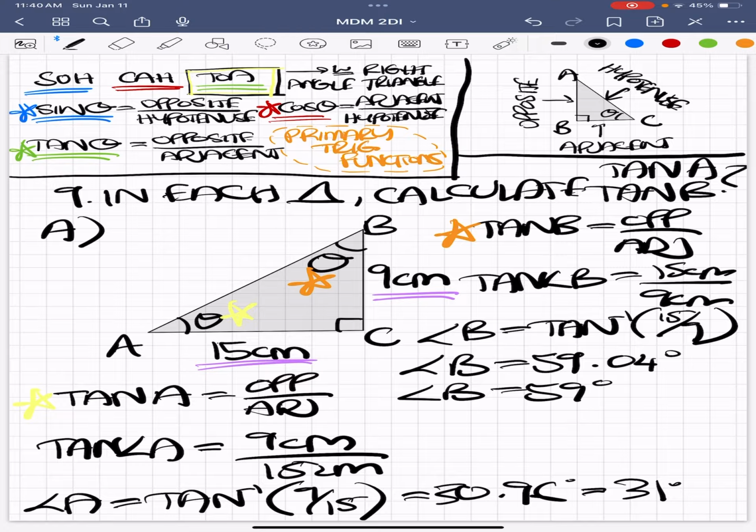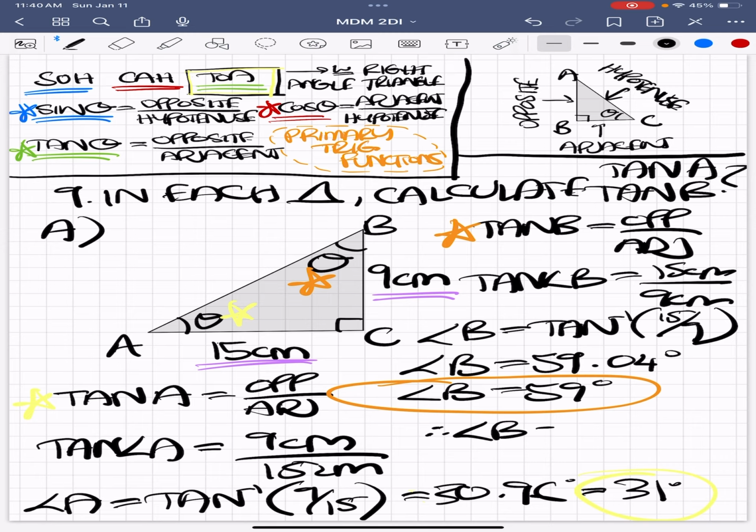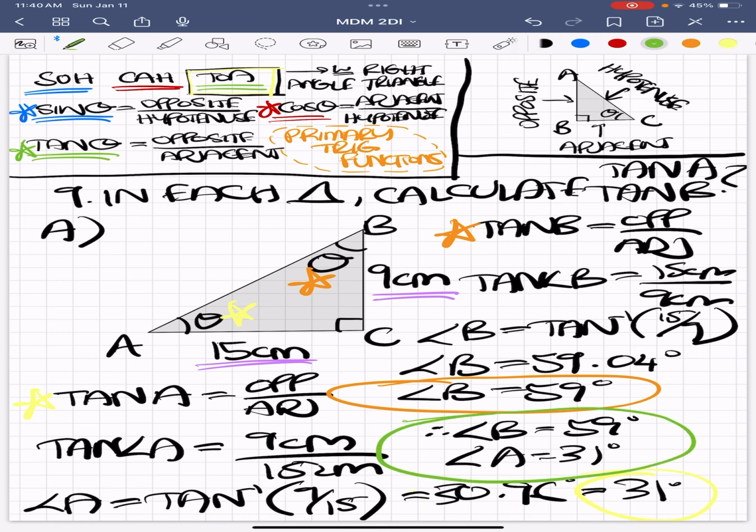Okay, so we have orange, we'll circle that. We have yellow, we'll circle that. And then do our answer. Angle B equals 59 degrees. And angle A, which would be 31 degrees. And we'll circle that in green. So that's our answer, and that's our therefore statement.